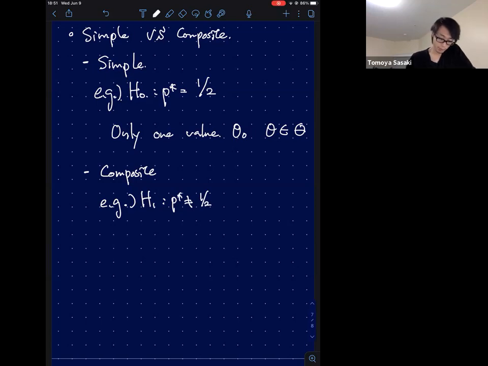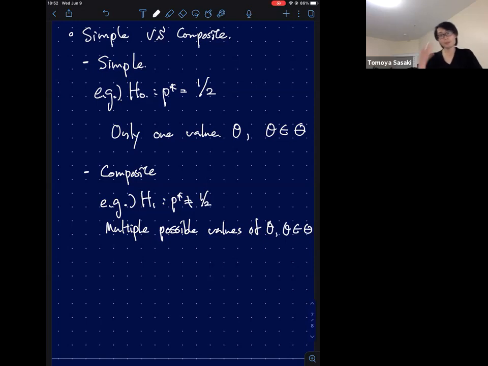So there are multiple possible values of theta, and the possible values of the test statistics, or possible values of the hypothesis that you want to test.